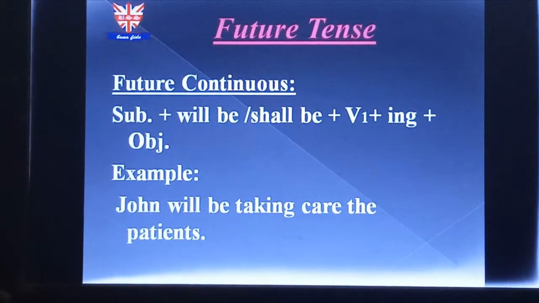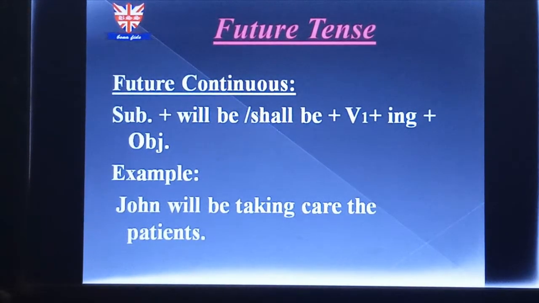Future continuous. So you can see the structure: subject plus will be or shall be plus V1 plus ing plus object. So here as helping verb we are using will be or shall be. So let's go for the example. John will be taking care of the patients. Here John is my subject.